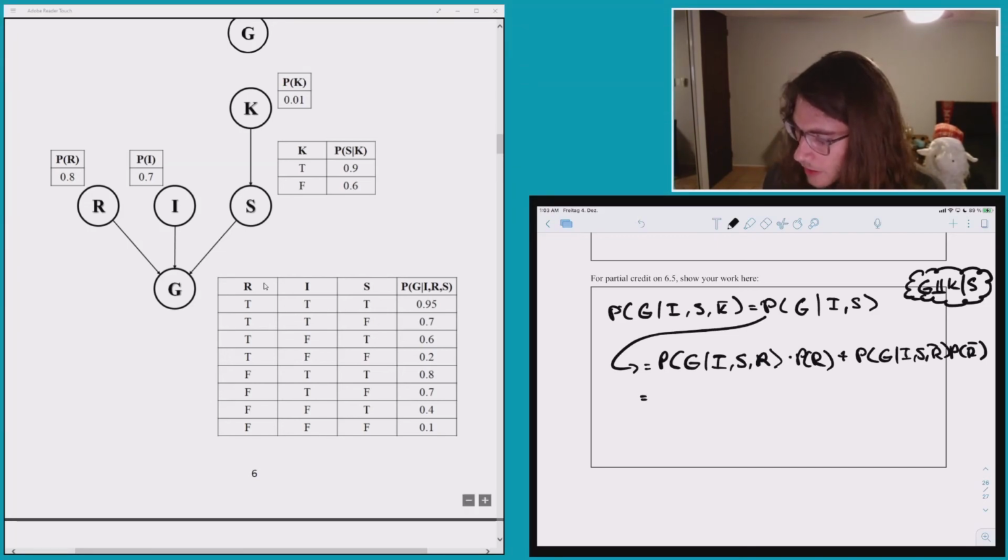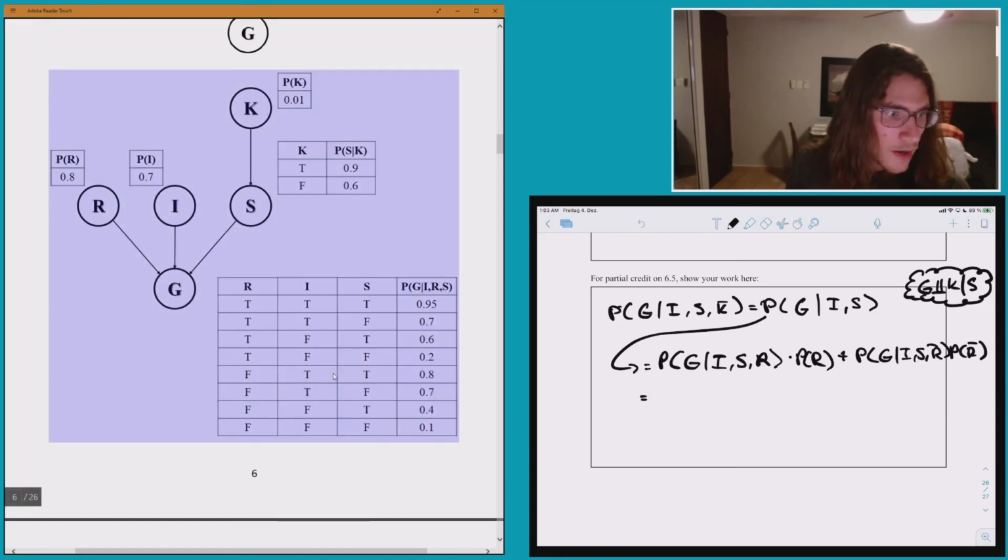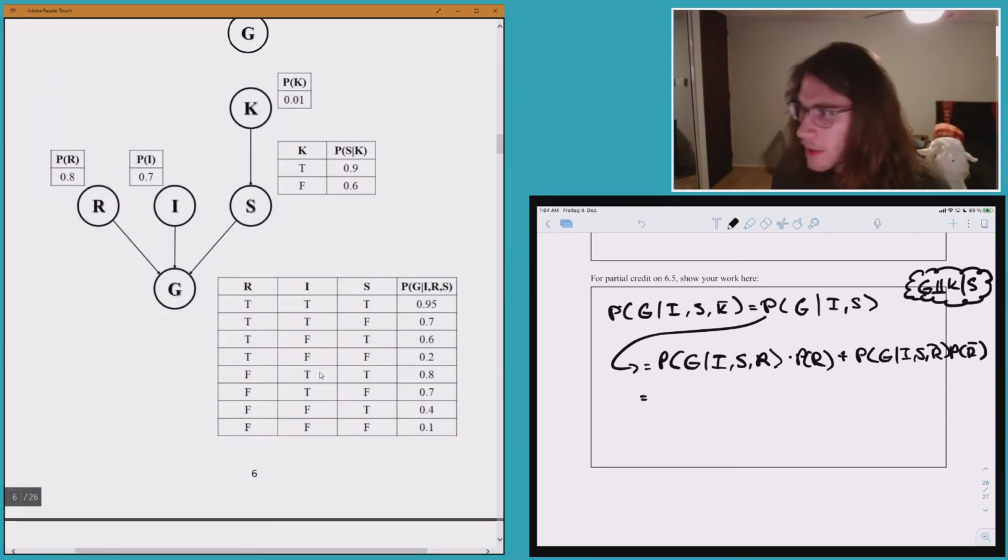And I believe I have everything here. Notice in the table that I have two cases where both I and S are true. If you can see my mouse, here I and S are true and R is false. And where again are they both true? At the top, I and S are true, and R is also true.